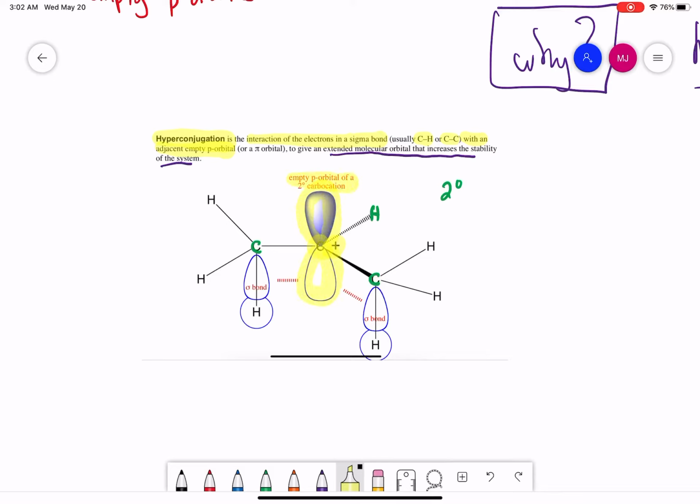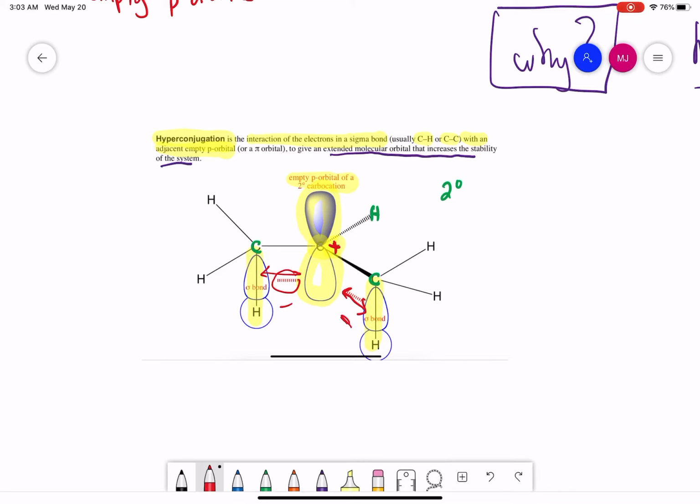Hyperconjugation is when you have an adjacent sigma bond. So here's our sigma bond between the carbon and the hydrogen. Here's another one. When these align perfectly with that empty orbital, this plus charge gets to feel a little bit of these electrons. It's like a support system.